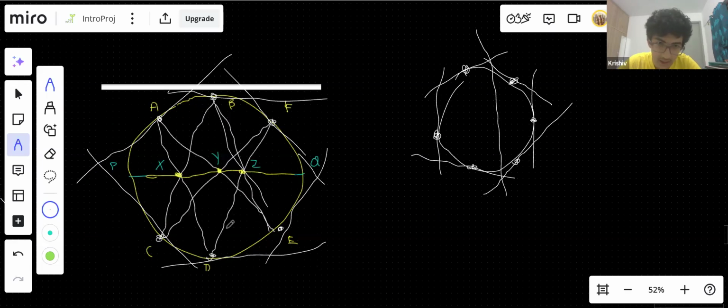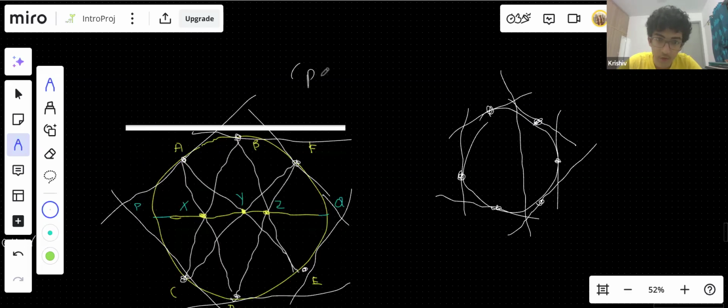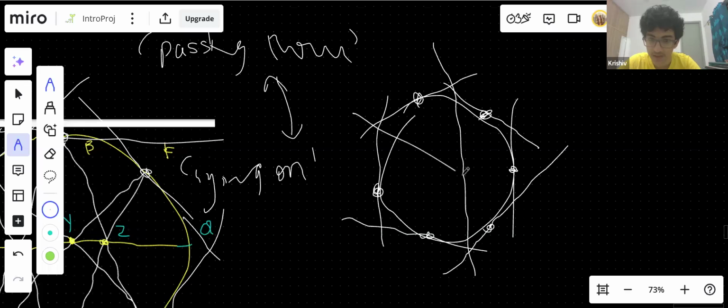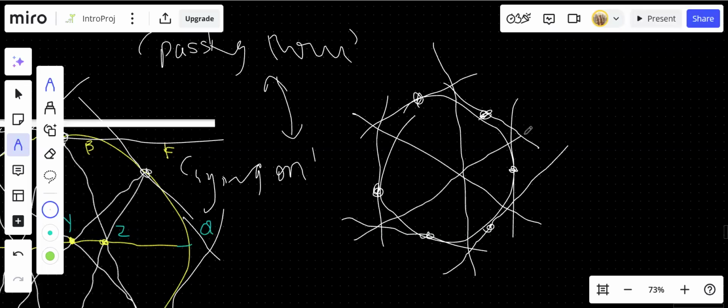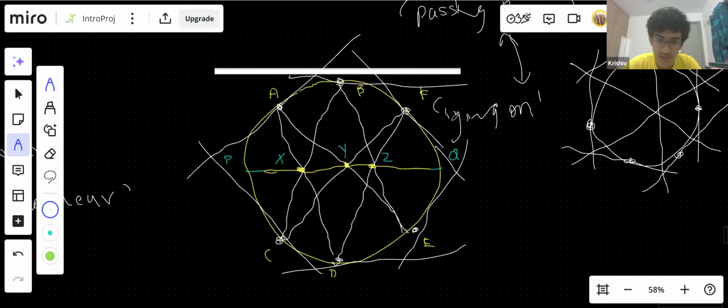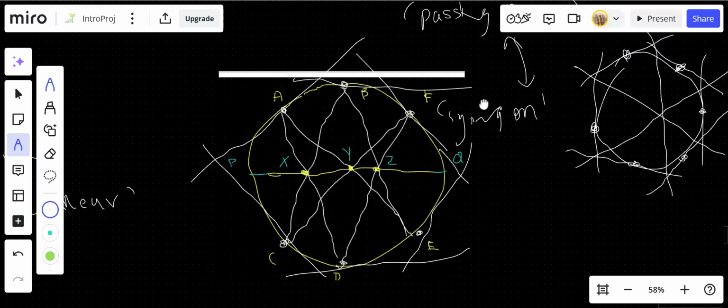Because it's the intersection of two lines, it becomes the line through two points. What does passing through become? Passing through can be swapped with lying on. A point lying on a line can be swapped with a line passing through two points. So we are not exactly doing inversion. We are just swapping every single pole with every single polar, kind of, right?